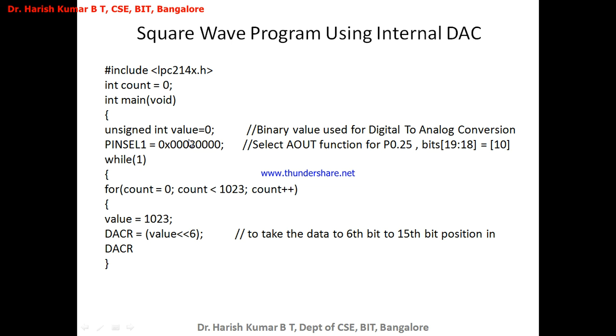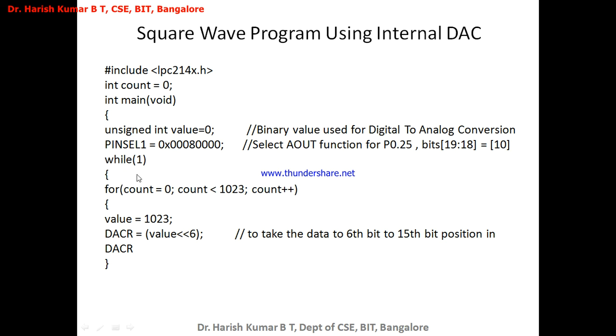When you give this data, it will make bit 18 and bit 19 of PINSEL1 as 10, and this 10 is the data which will make P0.25 operate as analog output. So by writing this statement, we have made P0.25 act as analog output.